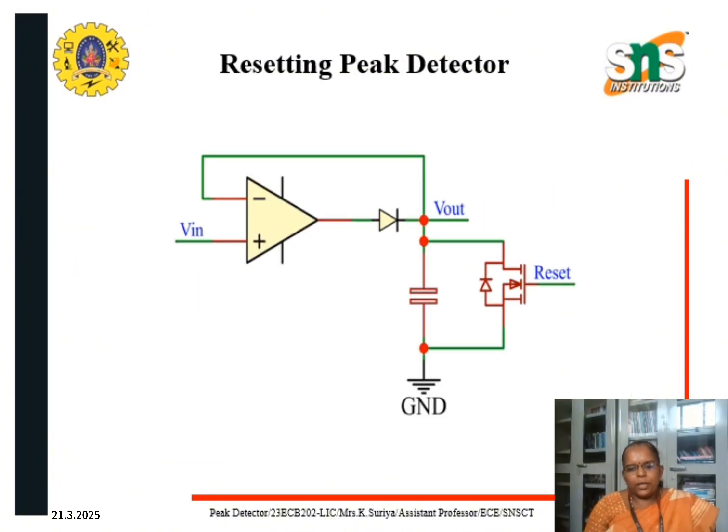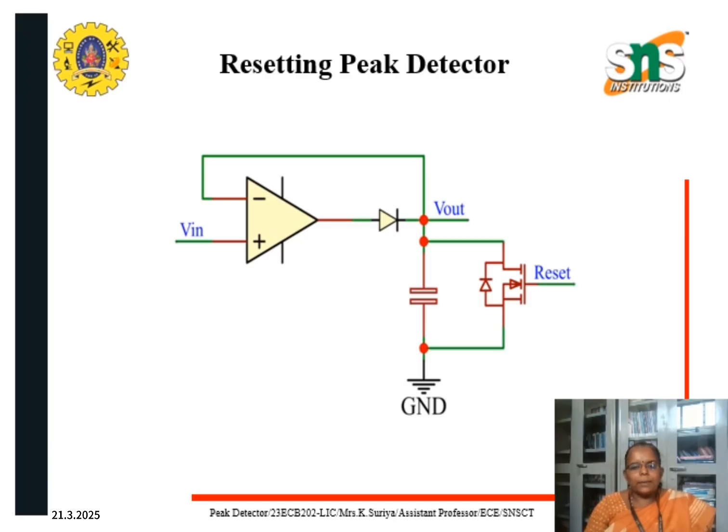One more modification of this peak detector is resetting the value. As we know, a peak detector will hold the peak value until it resets or powers down. The easiest way to reset a peak detector is to drain the capacitor with some kind of a switch, as shown here. The image shows a peak detector circuit with an op-amp featuring a reset mechanism.